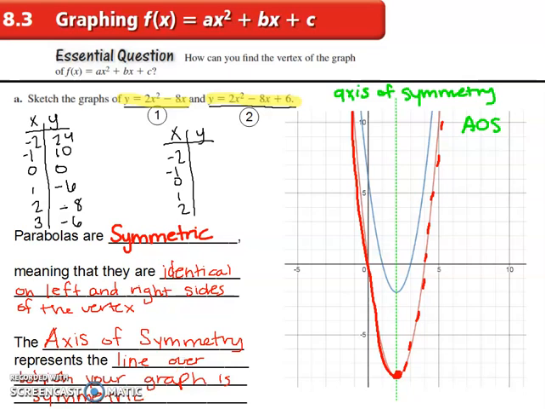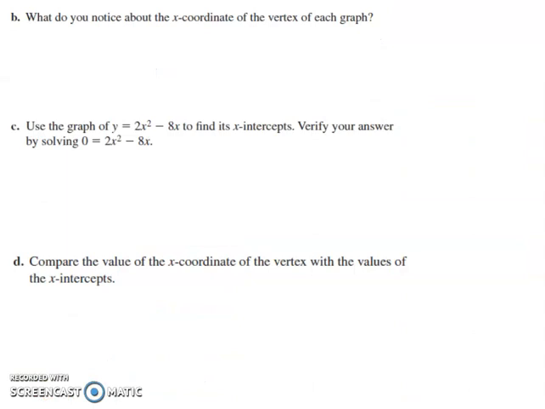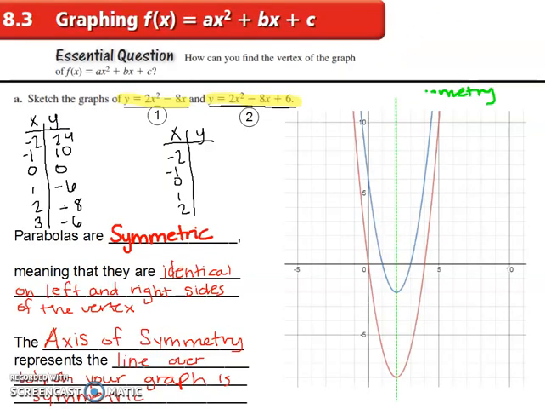I want to go back to our graphs on the previous slide and look at the x-coordinates of the vertex of each graph. So we're going to look at the x-coordinates of the vertex of both our red and our blue graphs. If I look at just my red graph, I see that my vertex is (2, -6).